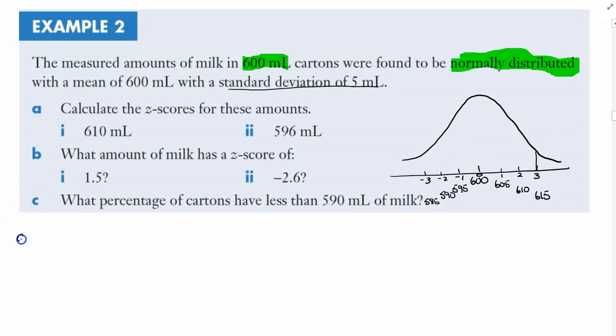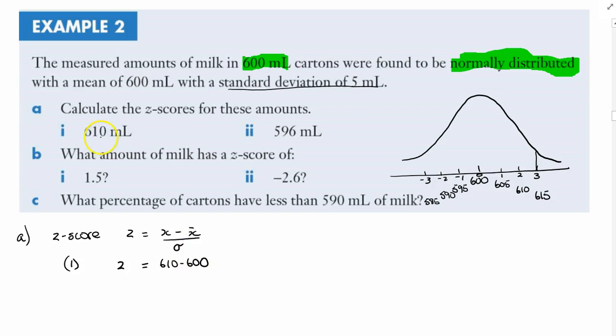Okay. A. Calculate the Z-score for the following amounts. So the Z-score, we were told, you can find using Z is equal to the score minus the mean over the standard deviation. So in part 1, our actual score is 610. 610, take away 600.